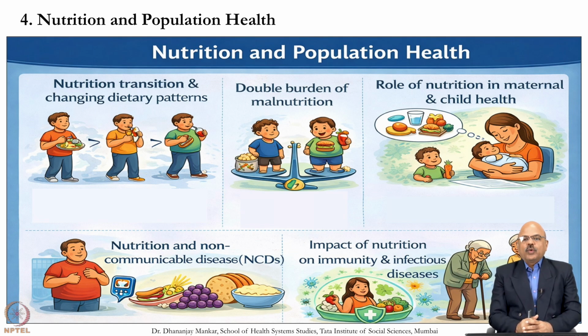As stated, the role of nutrition in maternal and child health gives more emphasis to the extra requirement or sometimes deficient part, which gives major disease conditions to be seen in the entire nine months of pregnancy. Nutrition and non-communicable disease, where NCDs are projected in the current national health programs, where the NP-NCD program focuses on the major three, especially diabetes, hypertension, and cancer.